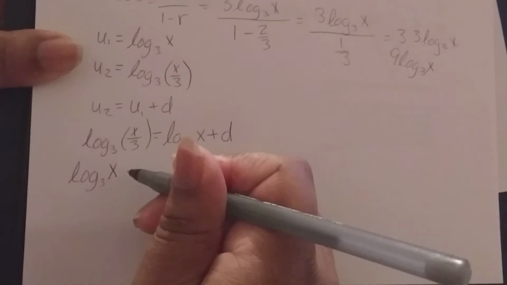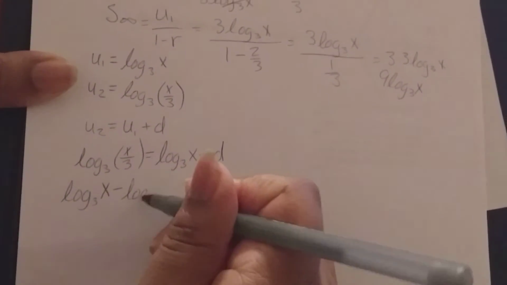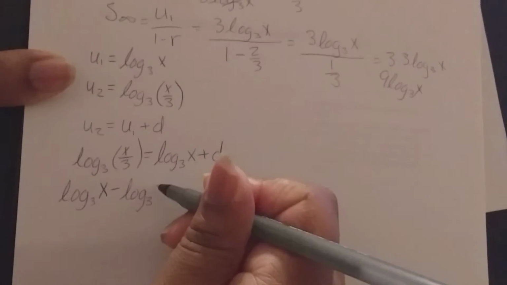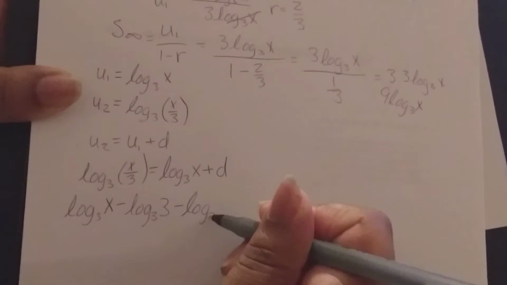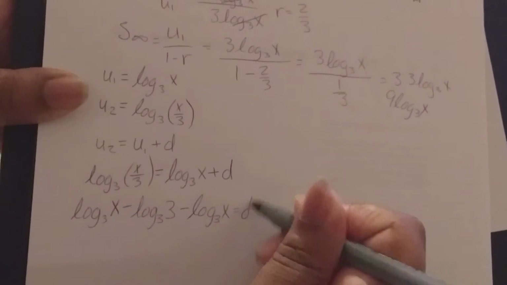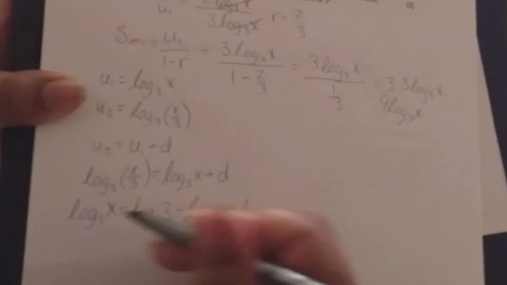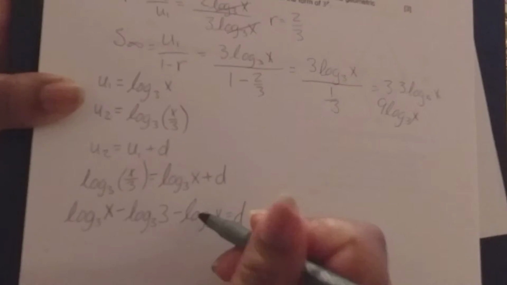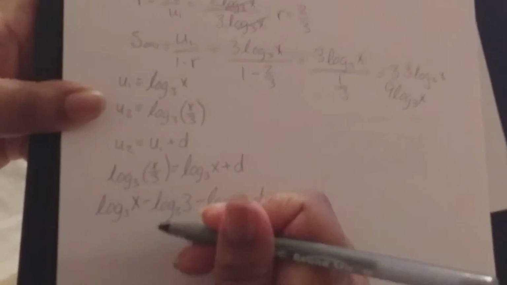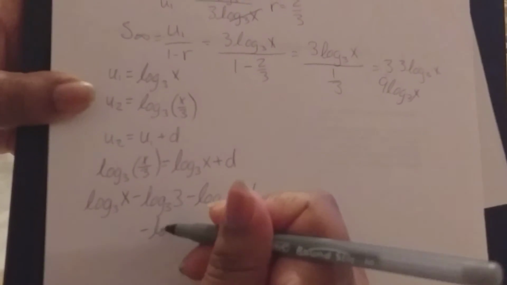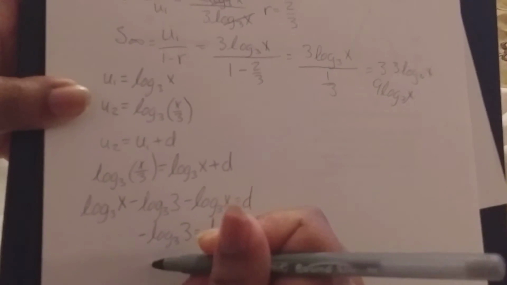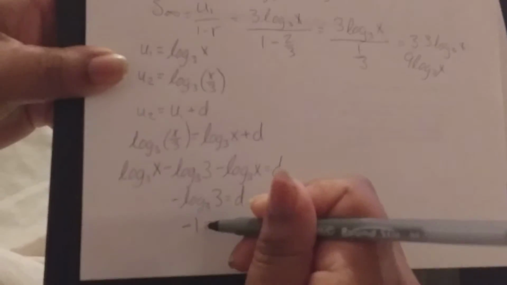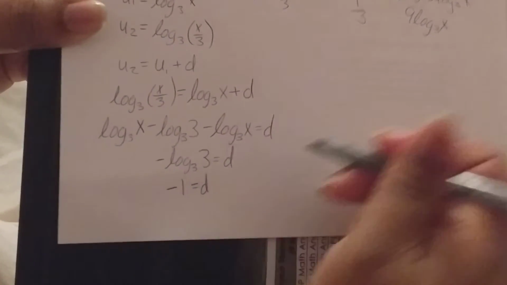So log base 3 of x minus log base 3 of 3, and then minus log base 3 of x, which is equal to d. So again, this cancels out. And then we have minus log base 3 of 3, which is equal to d. This is 1. So d is equal to -1.